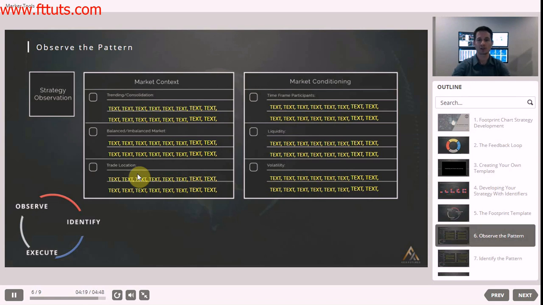Just by doing this, you're going to very quickly learn to understand the prime conditions. And ultimately, what that's going to lead to is you're going to recognize when there's higher probability conditions and when there's lower probability conditions in play. Now, on the next slide, we're going to identify some of the identifiers you need to recognize to show you that your trade strategy is in play.